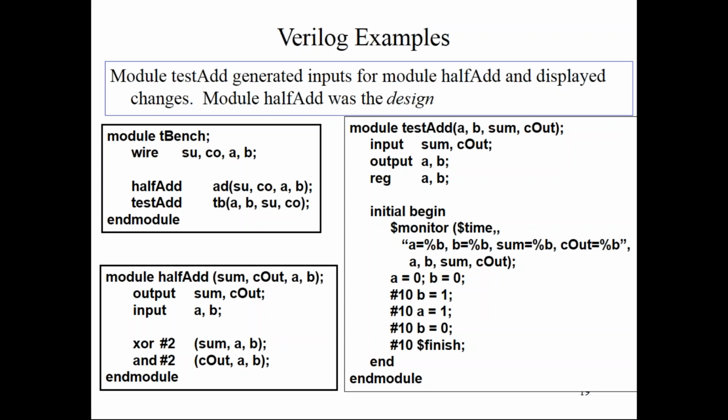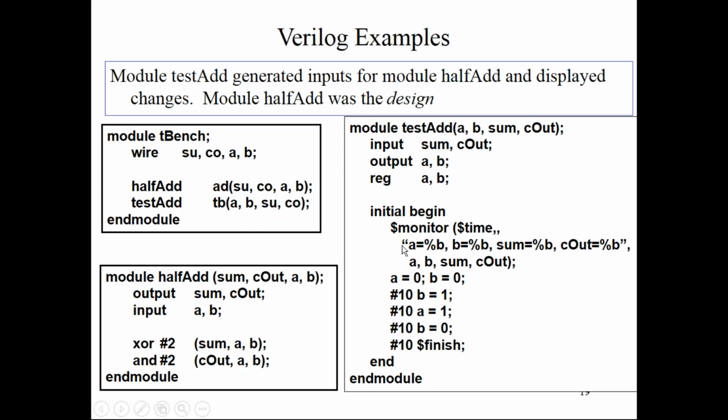Okay. So here I am giving the input test vectors. So initial, begin, dollar monitor, dollar time, comma. Sorry, this is not a double comma, it's a single comma.